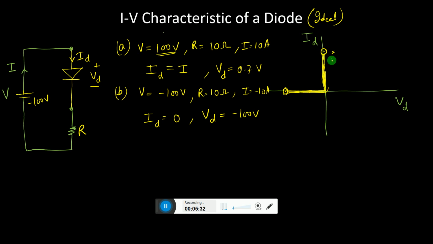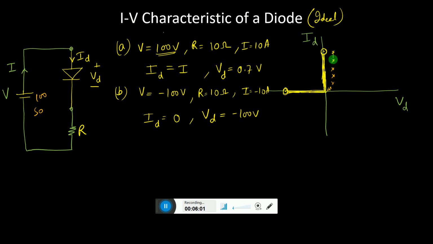Then if we decrease the supply voltage, let us say this is 100 we are taking, suppose we decrease it to 50, then the voltage across the diode is still 0.7. If we further decrease, it is still 0.7 and the current is there. But if the voltage is 1 volt, probably the current is less, so there will be a drop, gradually decreasing also.